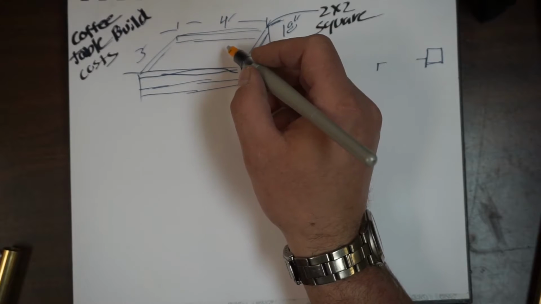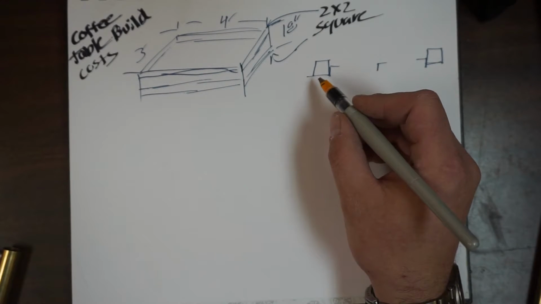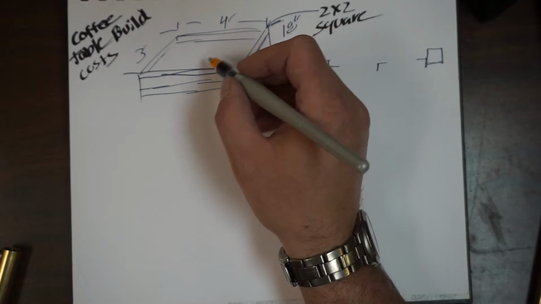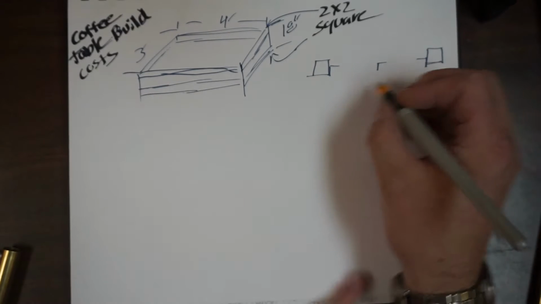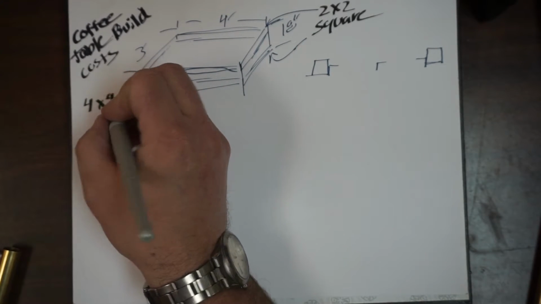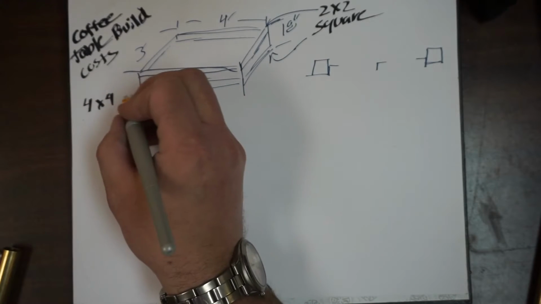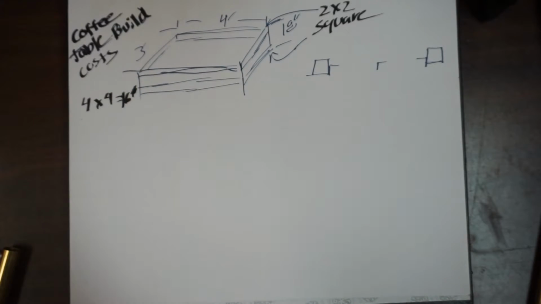First off, let's take a look at the actual framework, the stuff that we're going to be making out of the 2 by 2 square. So we have 1, 2, 3, 4 of these 4 foot sections. So 4 times 4 is going to be 16 feet.